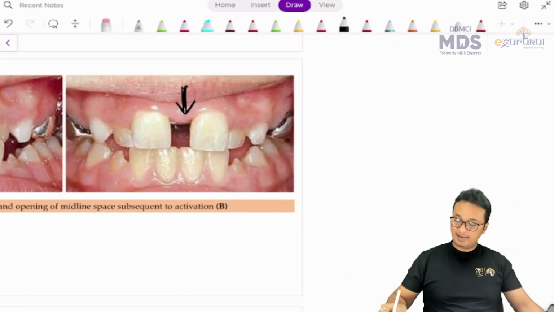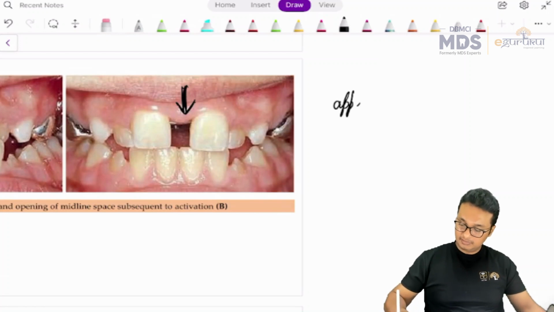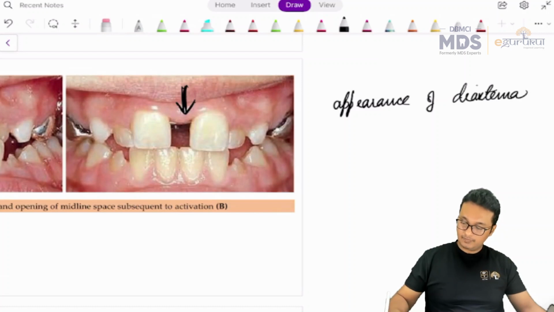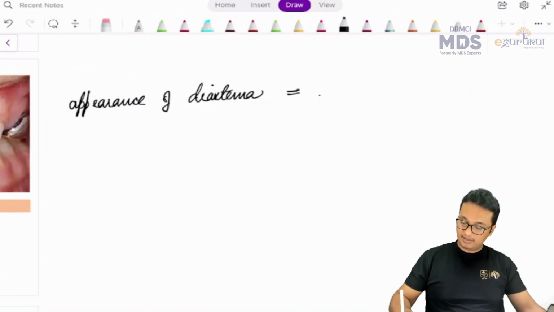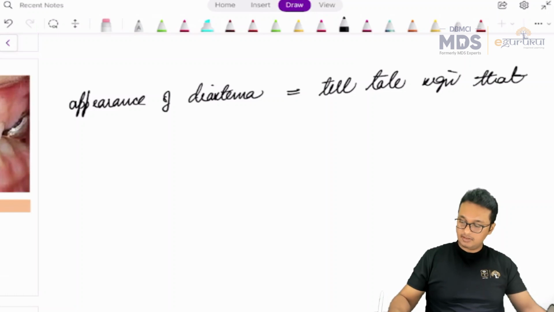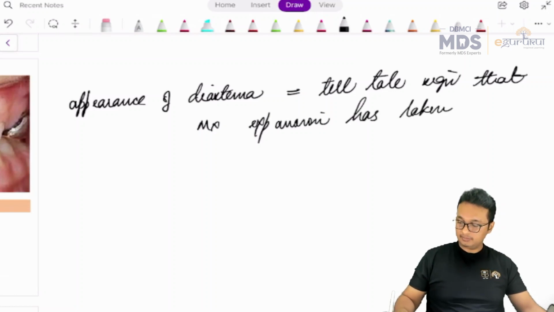So this appearance of diastema is a telltale sign that maxillary expansion has taken place, right?